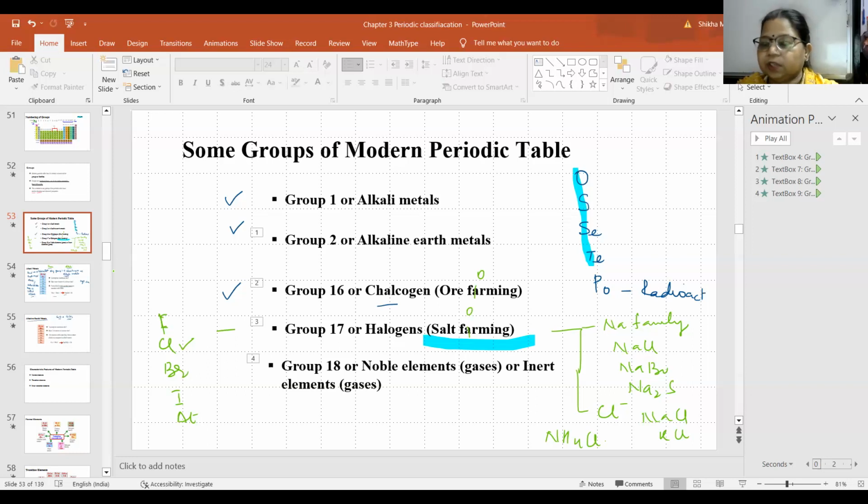We are not going into details of it. If required, we'll talk about them in class 12. So ore and salt are just a minute difference. Ore is something which is found in bulk in nature, and salt is found in slightly lesser quantity. Is it clear till group 17?